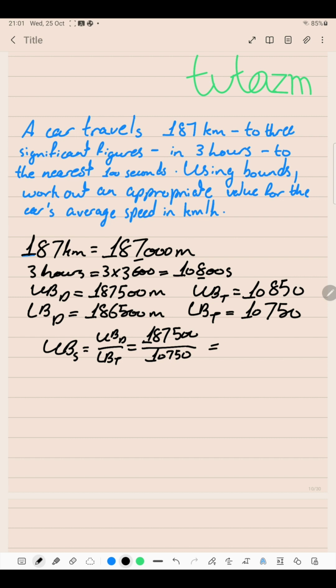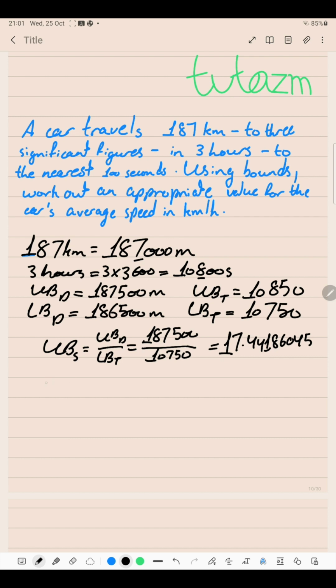And then we work this out in our calculators and write out the full calculator display, and you'll see why later when we look at the second part of the question, where it says work out an appropriate value for the car's average speed. So 187,500 divided by 10,750 gives us an answer of 17.44186045.